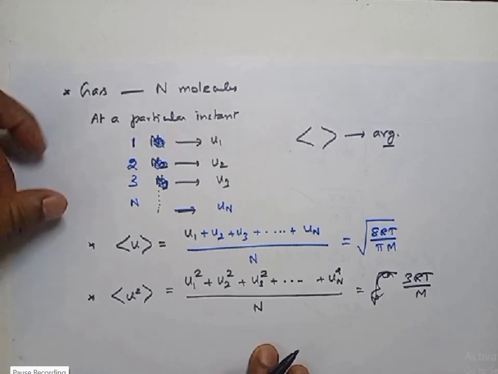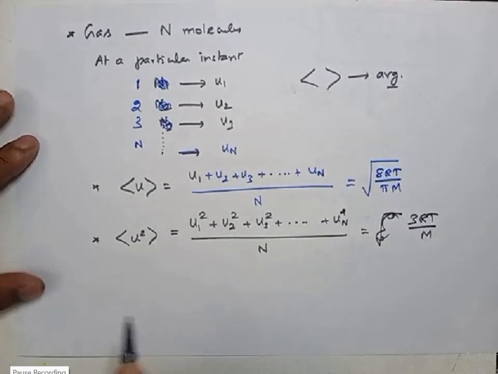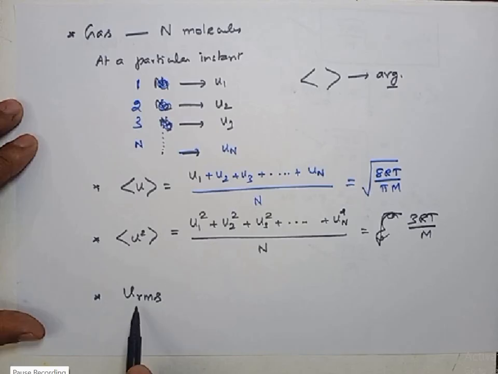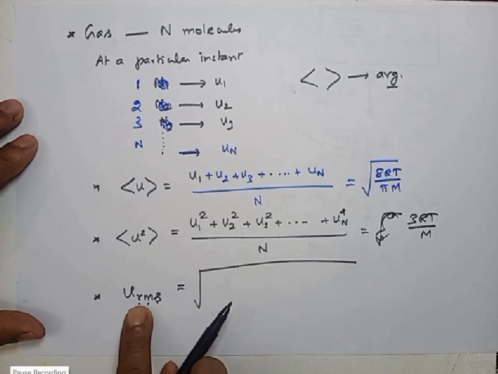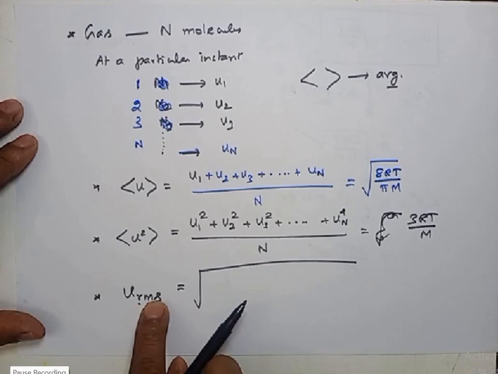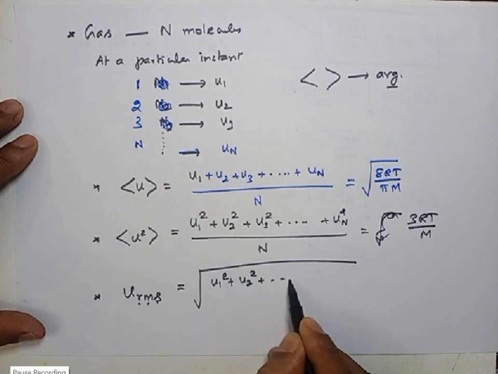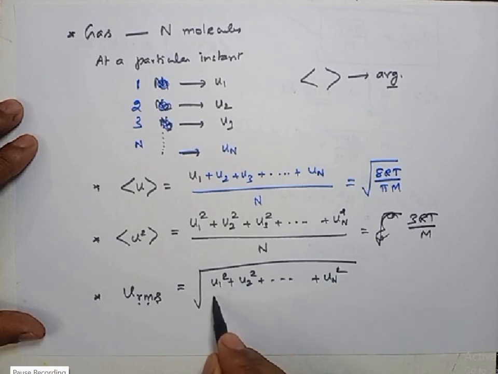Now, I will define another velocity. This is very important. Listen. This is called URMS. What is URMS? Root mean square velocity, where mean means average. What is that? It's nothing but, take u1 square plus u2 square plus etc. plus un square, by n.